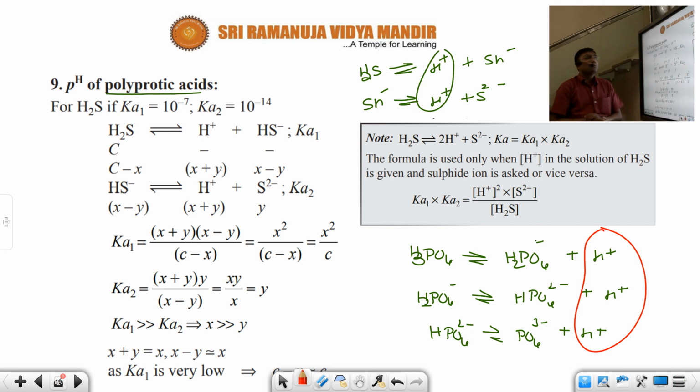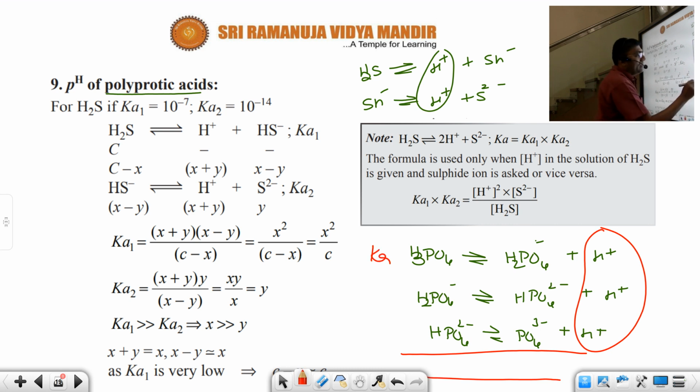So in this case, how do we find the pH value? Very simple. If you add these equations, for example, this is Ka1, this is Ka2, and this is Ka3, the intermediates get cancelled, and you get H3PO4 in equilibrium with 3H plus plus PO4 3 minus.